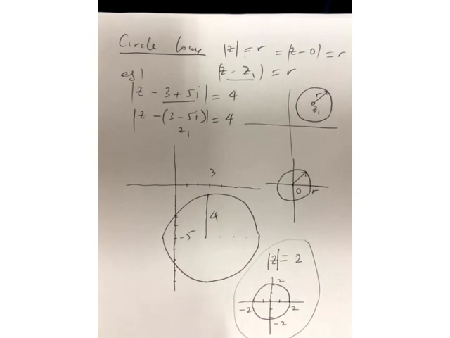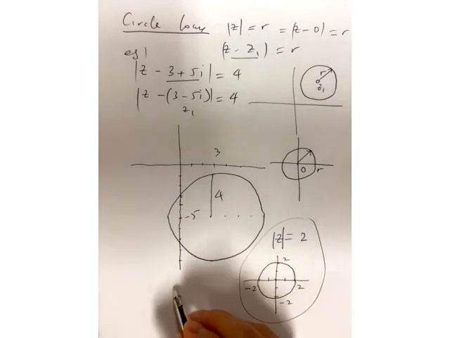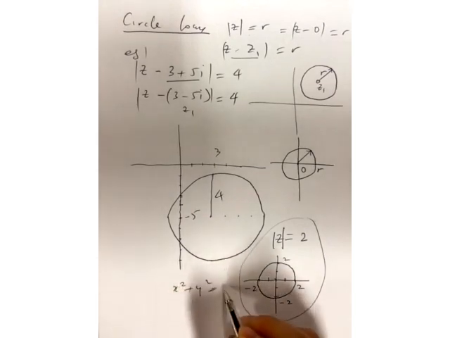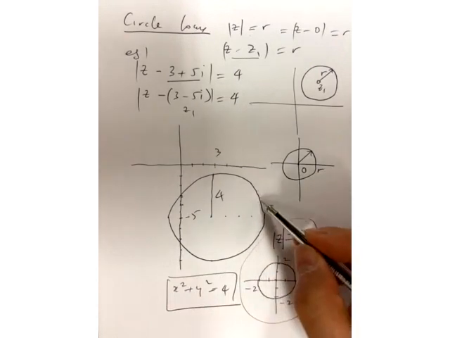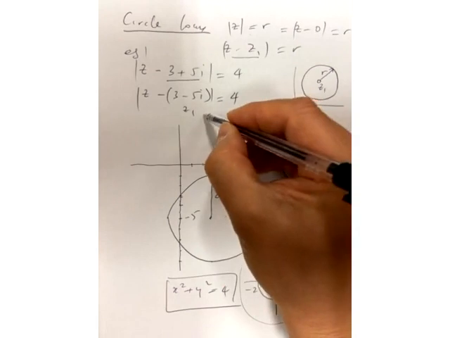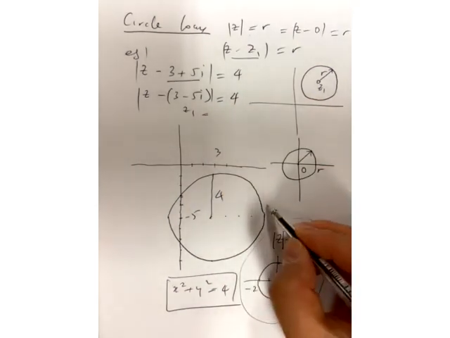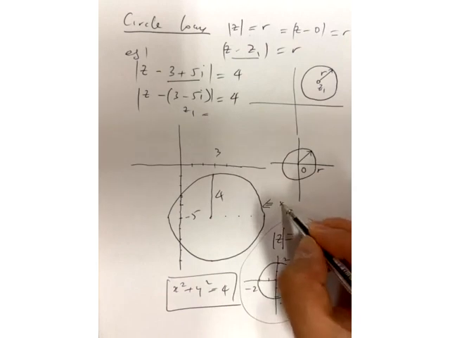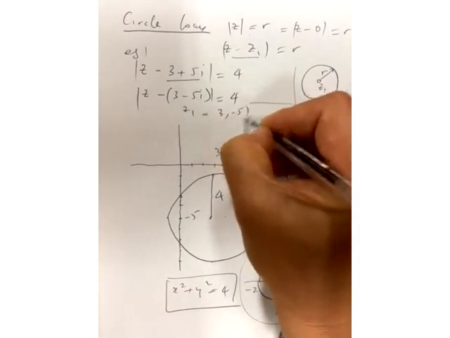Now, the Cartesian equation, you know from 2 unit that the Cartesian equation is x squared plus y squared equals 2 squared, which is 4. And the Cartesian equation for this one, since you know the center, that's why it's very important you have to know what the center is, because that's our h and k. So the Cartesian equation for this circle is, let me write under the h and the k.